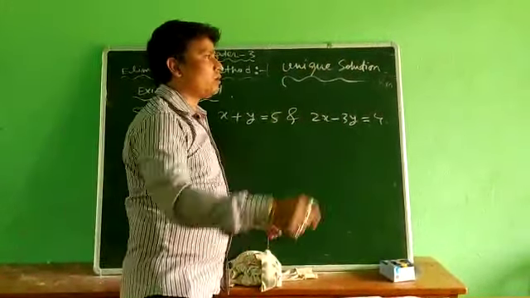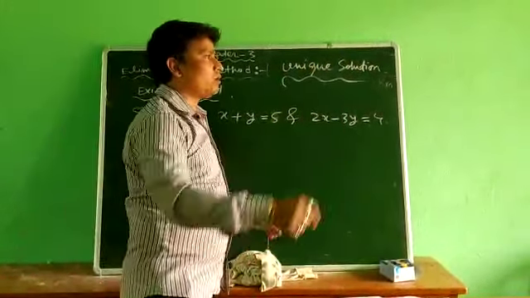Here a1 is 1, b1 is 1, and c1 is minus 5. You have to shift to the left side and then consider, though without shifting also you can consider, no problem. And here a2 equals 2, b2 equals minus 3, and c2 equals minus 4.